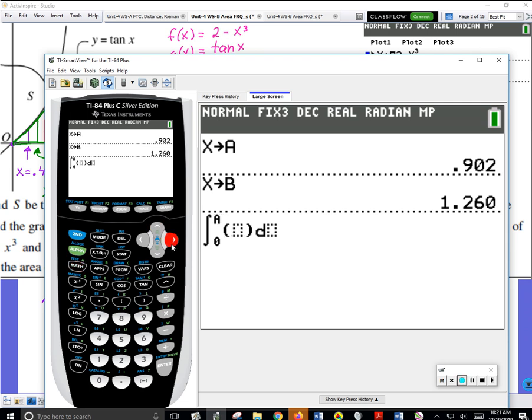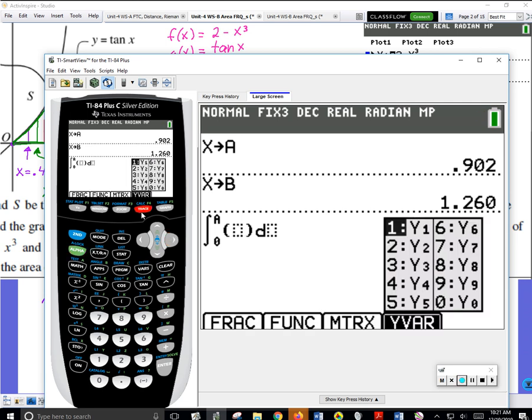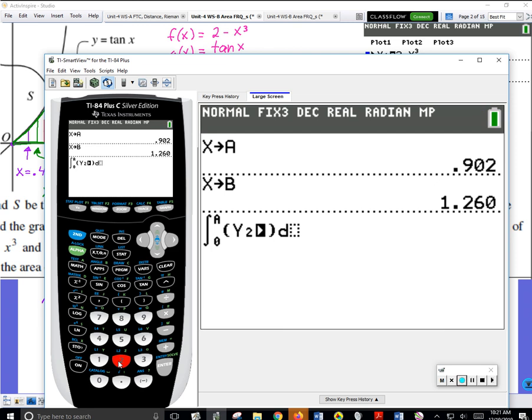G of x is stored in y2. So you do alpha, trace, and you see the list. So you choose 2. And dx, then plus. If you need me to come look at it, just wave me over.